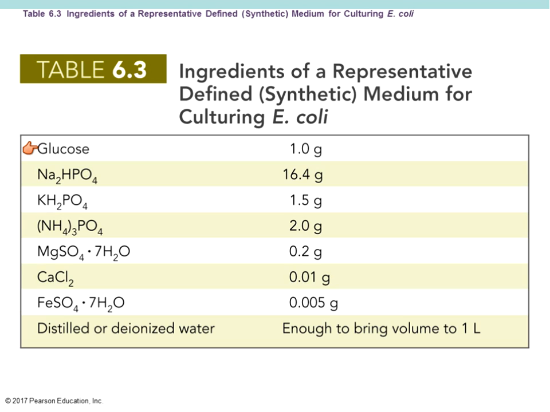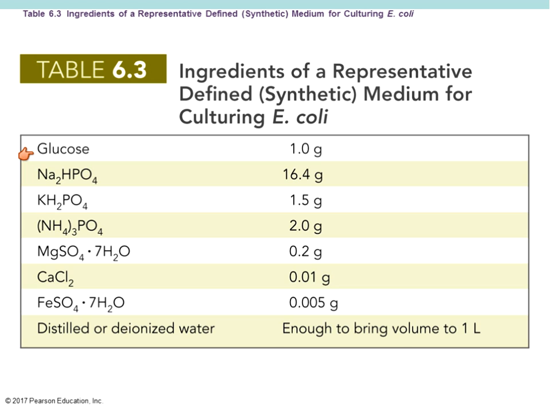Now you're probably wondering, why didn't they chemically define glucose? Well, glucose, C6H12O6, is kind of a standard. It's kind of like water. Everyone knows the chemical formula for water, H2O, so there's no reason to write H2O out in its molecular form. Same thing with glucose. If you're a scientist working in a microbiology lab, you should know glucose's chemical formula. So that's why they haven't put that there.